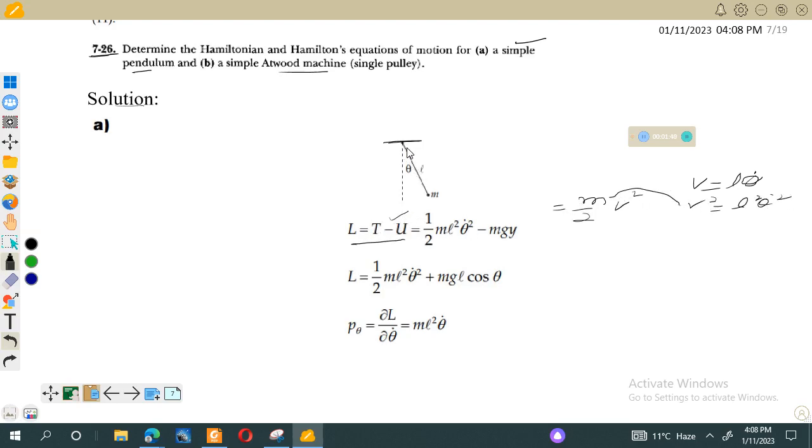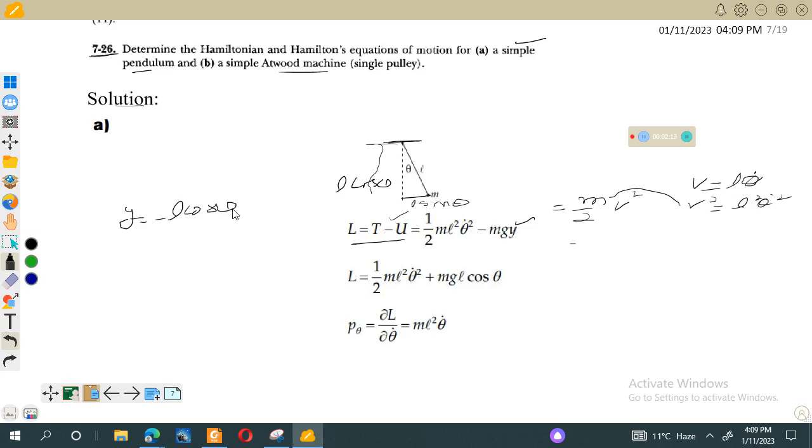And then the potential energy. When we resolve this length into two components, this will be L sine theta, and the second will be L cos theta. So potential energy will be equal to mgh, but because this is in the negative y direction, it will be equal to minus mgy, where y is equal to minus L cos theta.